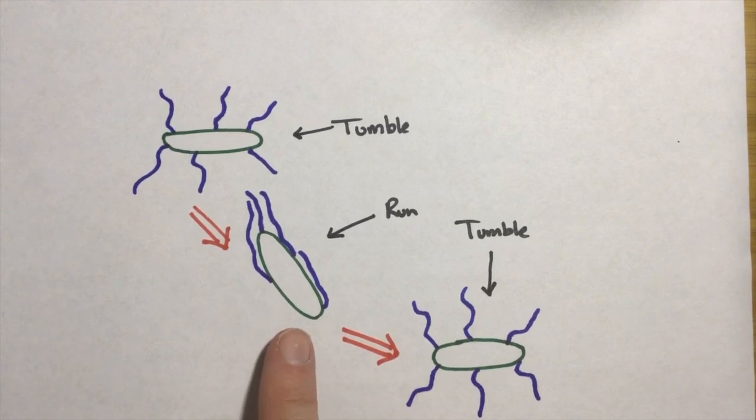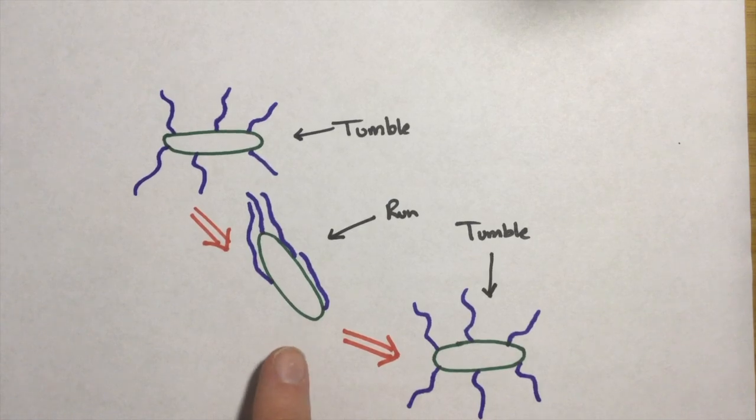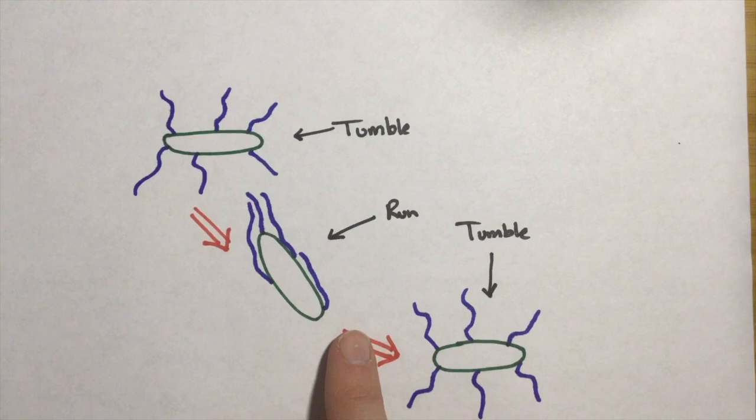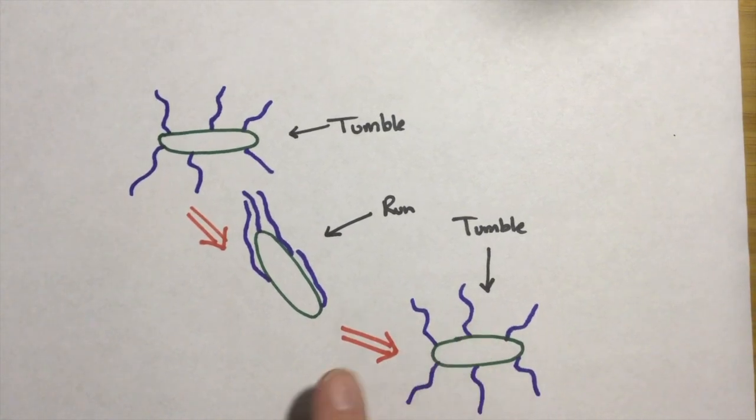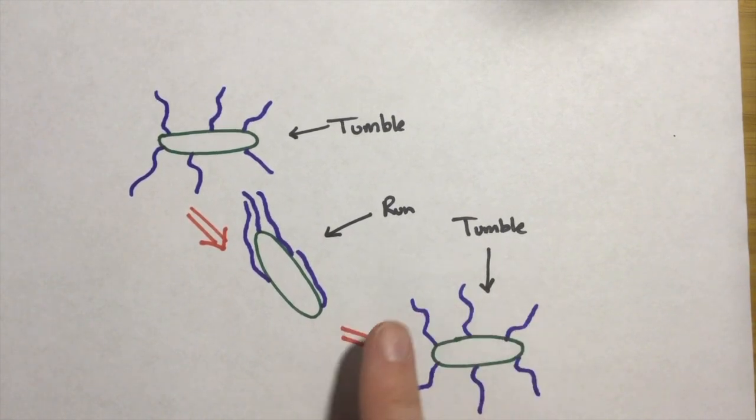Also, runs will last longer, and there will be fewer in a certain period of time. And if the bacterium is not going in the right direction, say over here there's some sort of chemical the bacterium doesn't like, then the tumbles will be more frequent, and so there will be more of a chance that it changes direction and can go in the right direction.